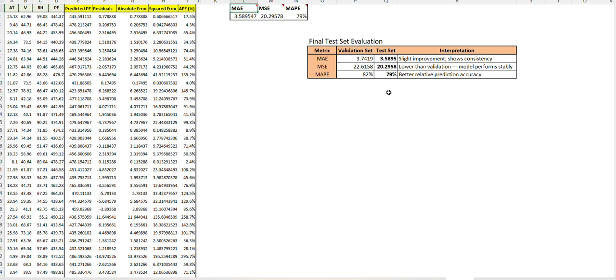If you see the final test set and the validation set, there is a slight improvement. The mean squared error has come down, and as we know, lower is better. The mean absolute percentage error has also come down to 79%, which is better relative prediction accuracy.